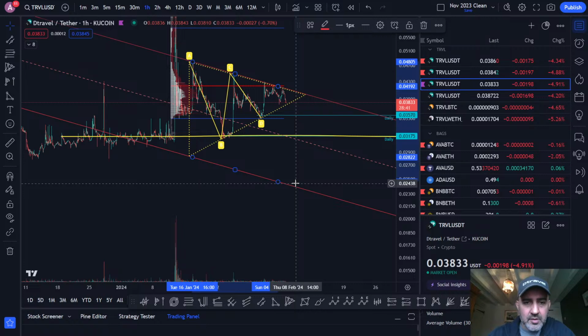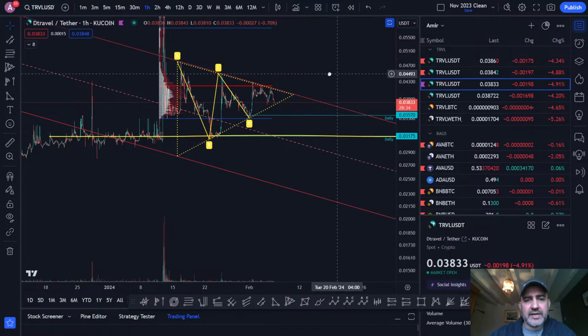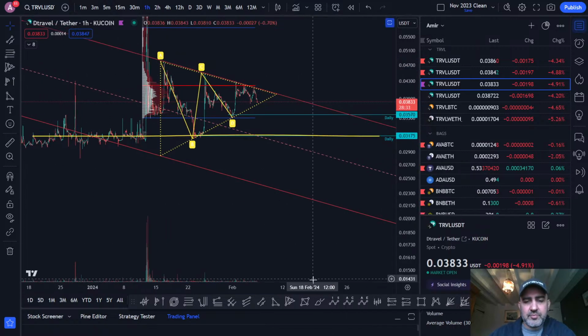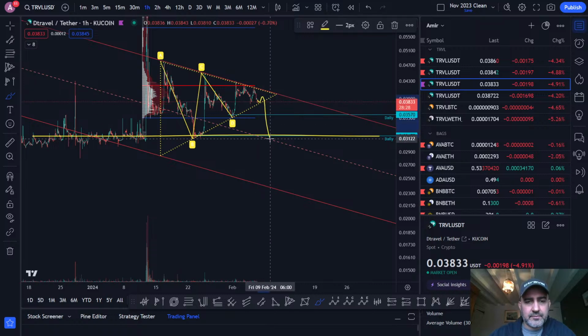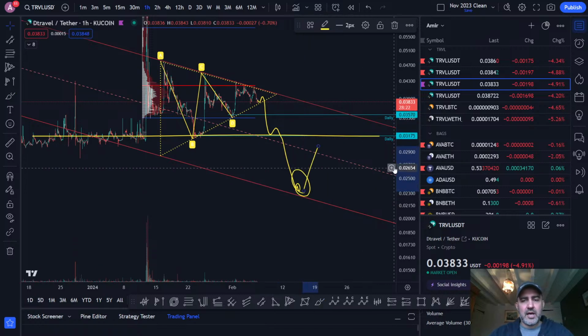Down to here, that would be the target for this kind of triangle breakout to the downside. I think you're probably looking at down to here. That's probably going to be the best place to buy. I'm not foreseeing an all-time low.